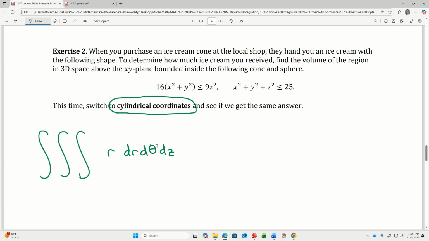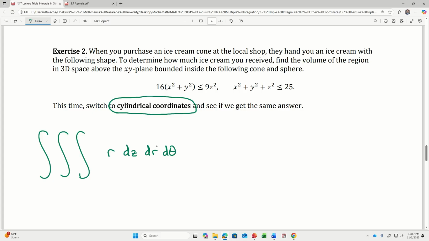Maybe I don't like that order of integration. I mean, you can try it. And if your order of integration doesn't work for you, you can always try something else. But let's try this. See how it goes.